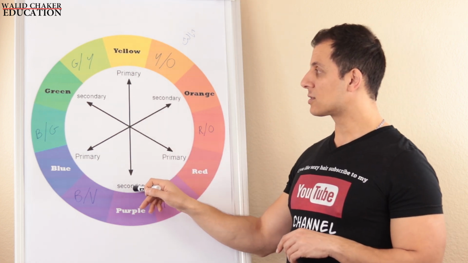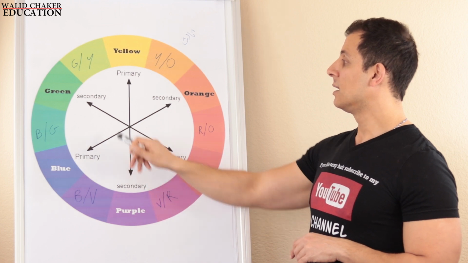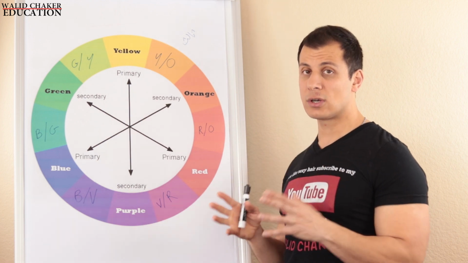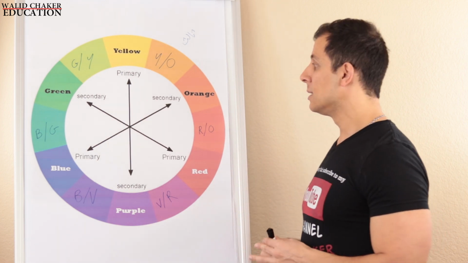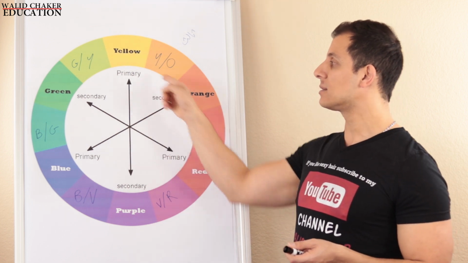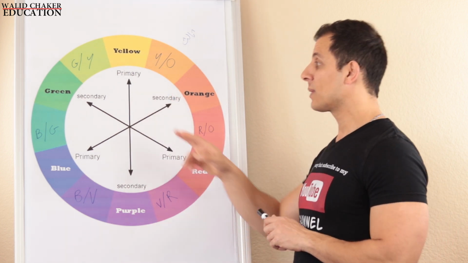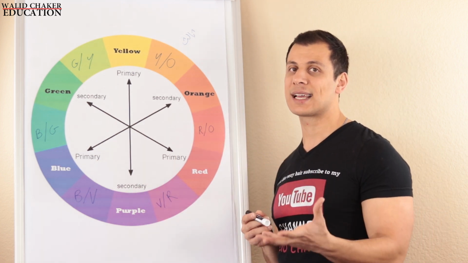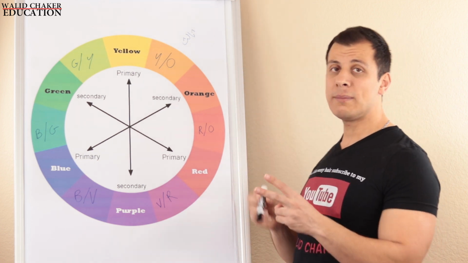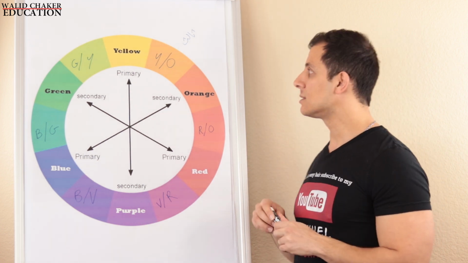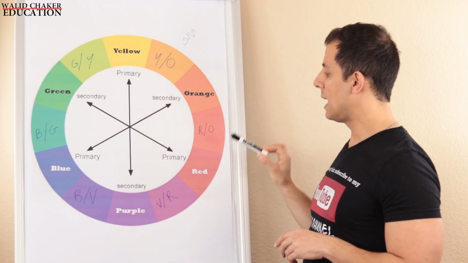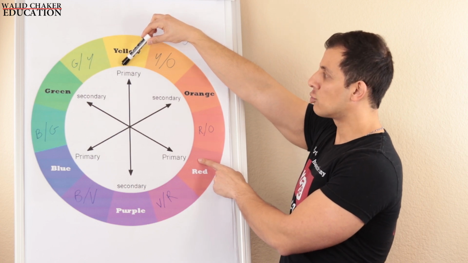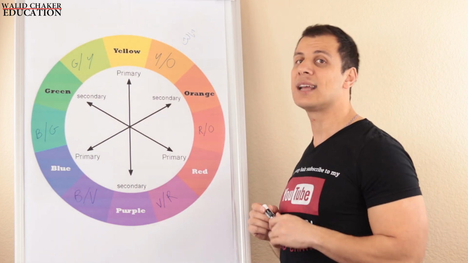So now we see something called secondary, okay? Green, orange, and purple. Those are the secondary colors, and those colors we can create. As I said, the primary colors we cannot create, but the secondary colors we can create. How do we create the secondary colors? When we mix two primary colors. If I mix yellow and red, those two primary colors, they give me a secondary color.